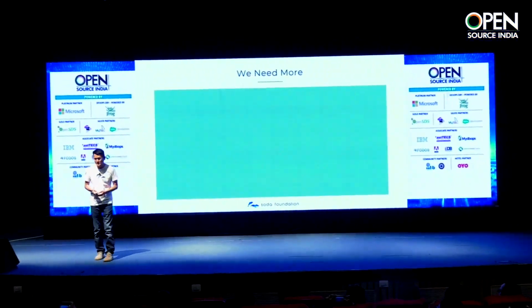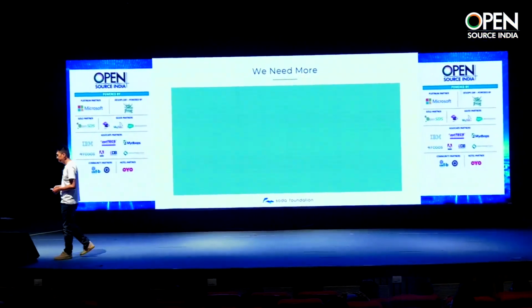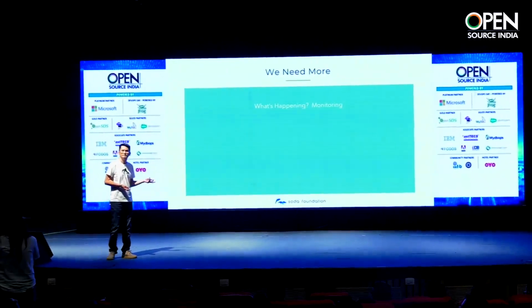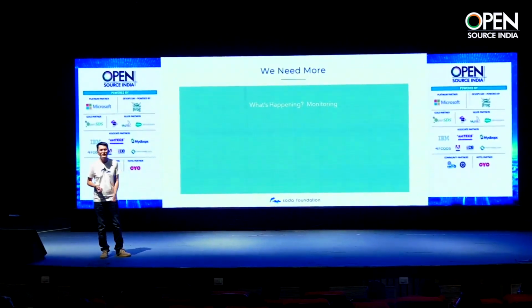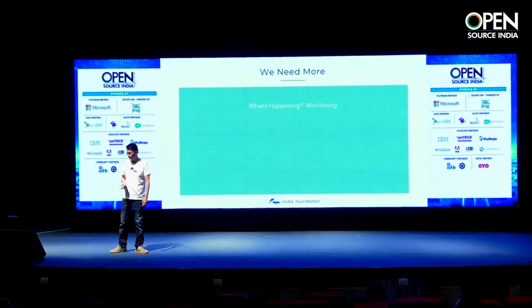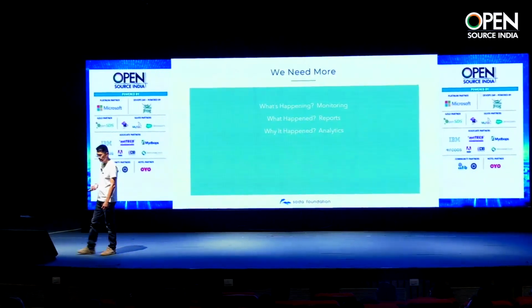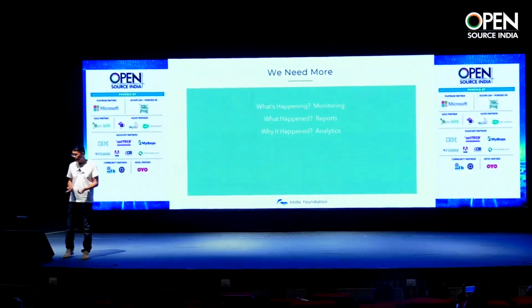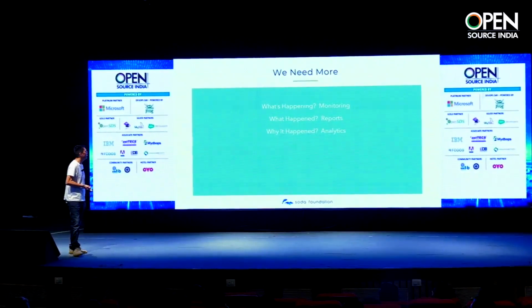So besides this, we need more than that, actually. We need to monitor things, to find out what's happening. And besides that, if something happened, we need to have reports about what happened. And we need to find out why it happened, okay, the analytics part.